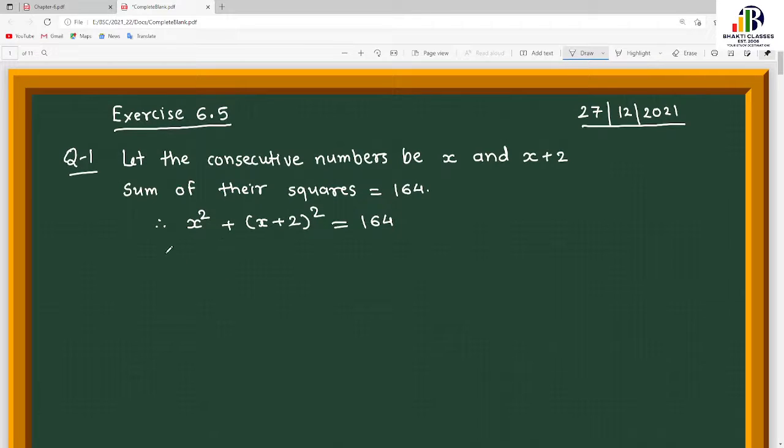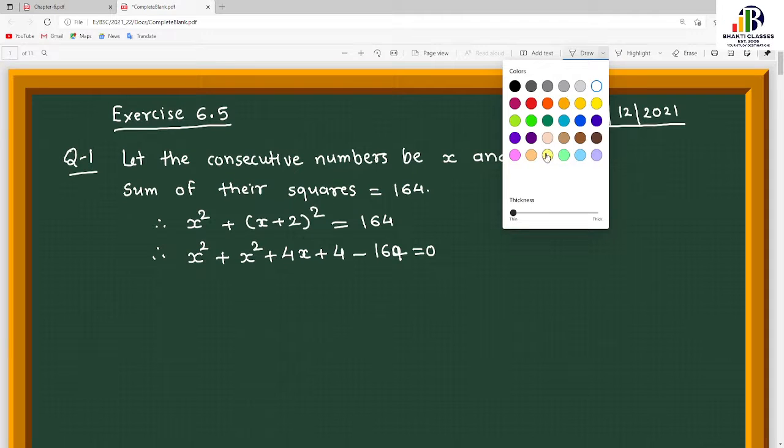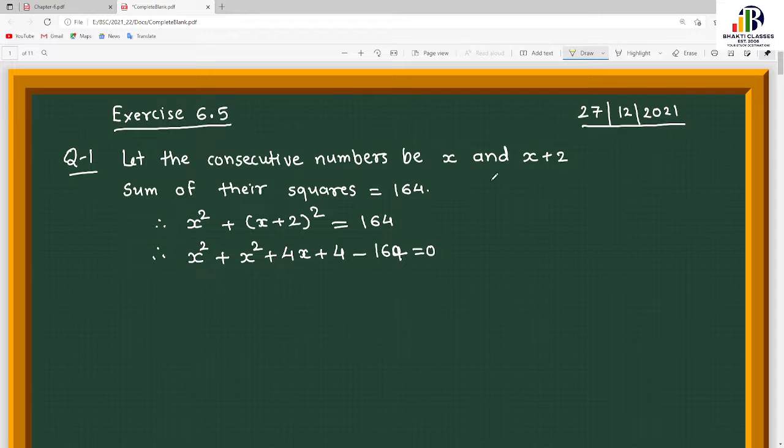ठीक है, समझ में आ रहा है? Therefore x square plus x square plus 4x plus 4 minus 164 is equal to 0. तो हमने ऐसा क्यों लिखा? क्योंकि हमारे पास एक फॉर्मूला है.